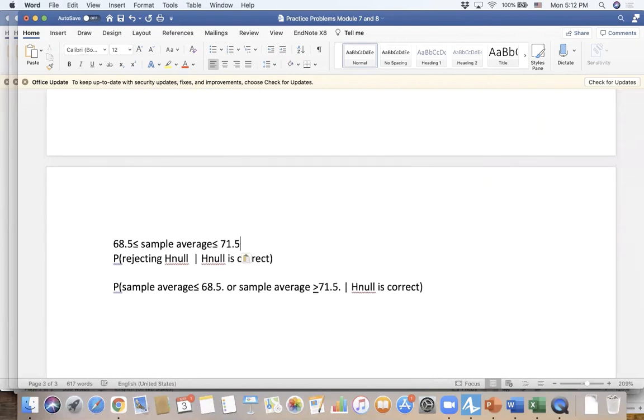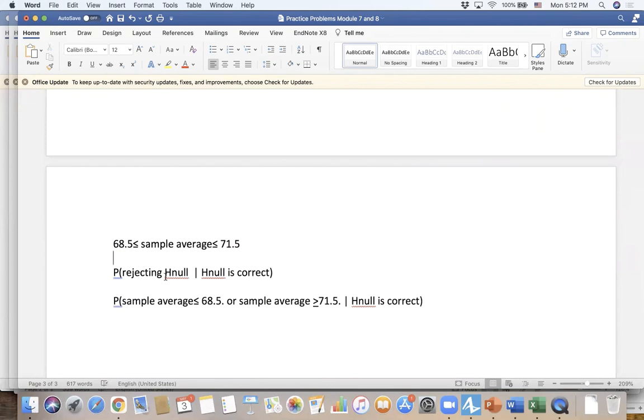If I want to reject H null, I have to look at the scenarios when the sample average is less than this or greater than this, out of this range. If it's between these two numbers, I fail to reject H null.